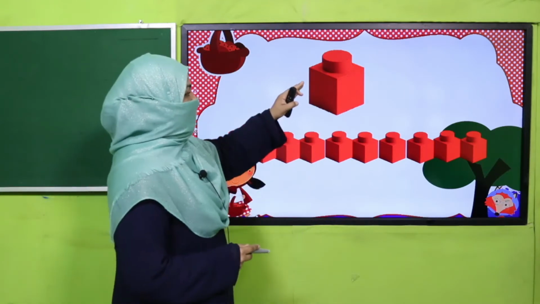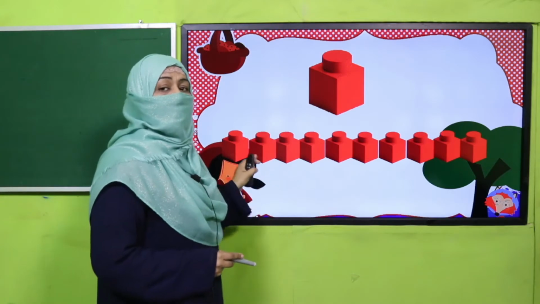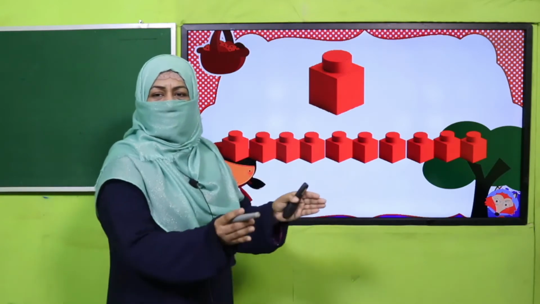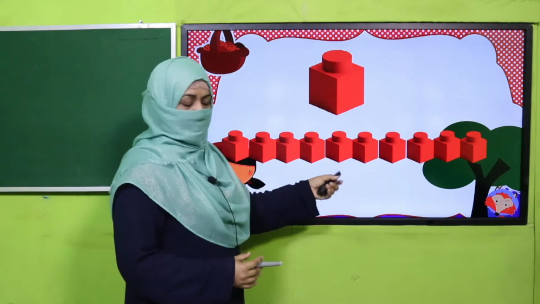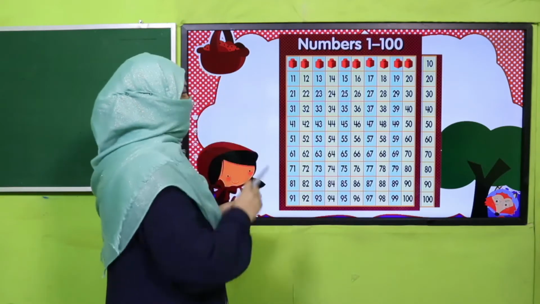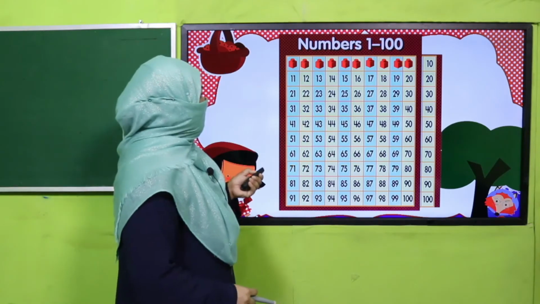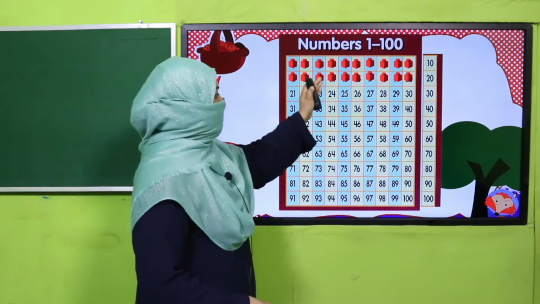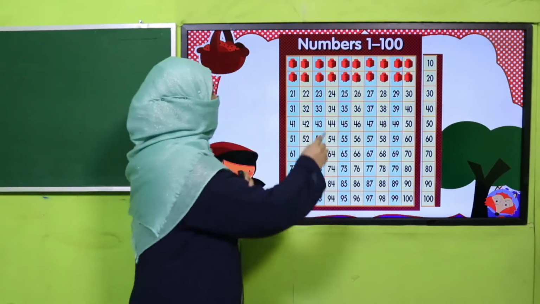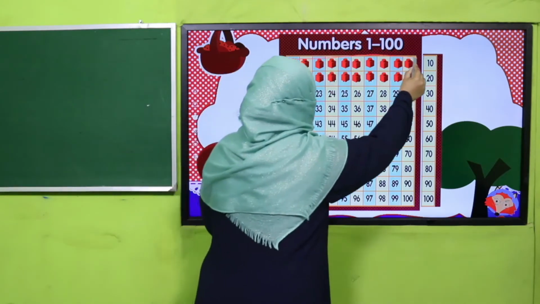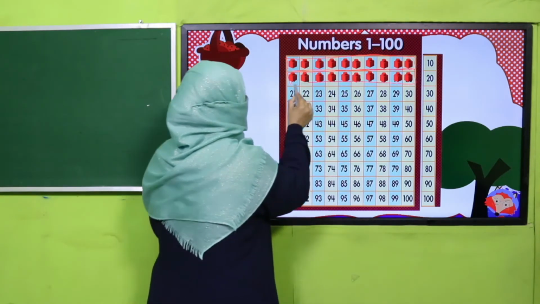So if I take 1, I say 1. But if I want to take 10, I'll keep counting till 10 and I'll make a pile of 10. Okay. Likewise, if I further want to count, 11, 12, 13, 14, 15, 16, 17, 18, 19, it becomes 20. So when I keep counting in tens, it is called numbers in tens.